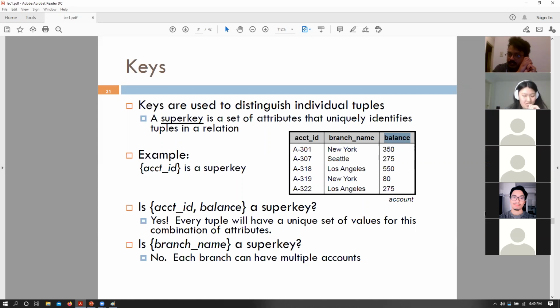That means there cannot be another tuple with the same record such as A307 Seattle 275. These three things together cannot occur again in my table. Otherwise, it will violate the set condition, right?